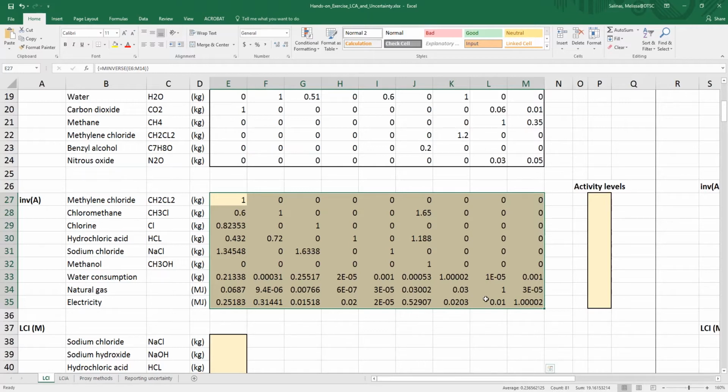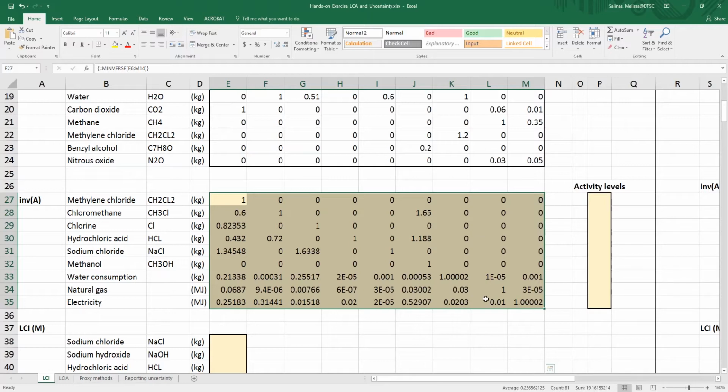Great. So now let me explain what this really means. So what this result that you are seeing really means is that, if this A matrix was constructed correctly, each column is very useful for us because each column tells us what is the life cycle requirements of each element, each row, to produce 1 unit of itself.